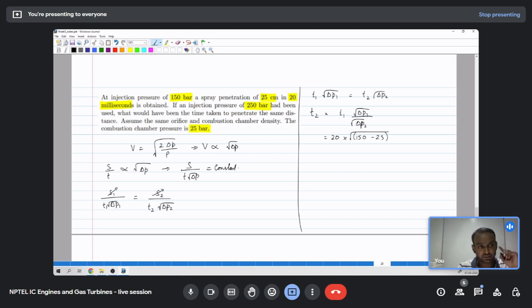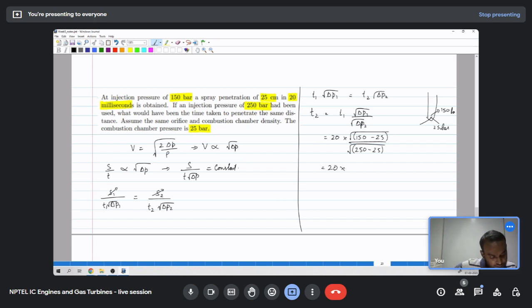Here we are dealing with only the delta P. That means if we have an injector with high pressure inside the injector at 150 bar and outside it is 25 bar, only the effective delta P will contribute to the velocity, to the flow. So we have under root 150 minus 25, and similarly for the second case we will have 250 minus 25 as delta P, and this should be under the root in the formula.